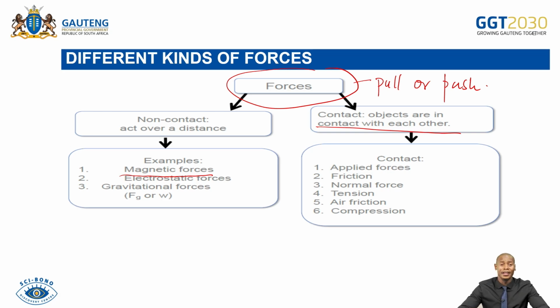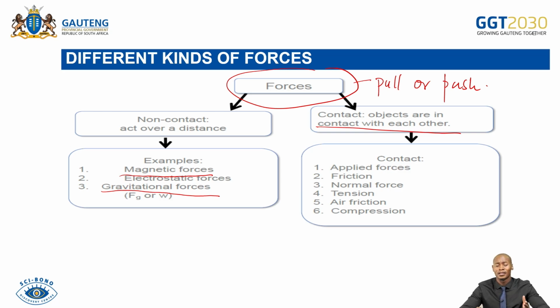Then electrostatic force, charges exert forces on each other without physically touching each other, right? So the force that charges exert on each other is called the electrostatic force. Then the gravitational force, right? So the gravitational force, which is weight, is also a non-contact force. So these are examples of non-contact forces.